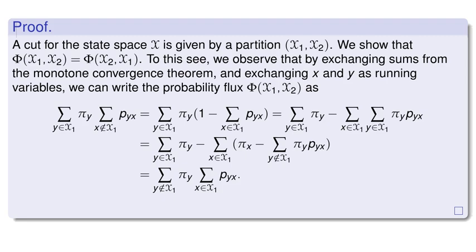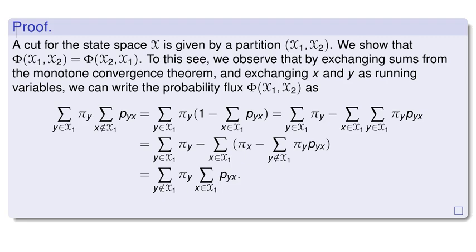To see this, we can observe that by exchanging the order of summations, justified by the monotone convergence theorem, assuming non-negative terms, and then relabeling the running variables x and y, we can write the probability flux phi of script X1, script X2 as follows.